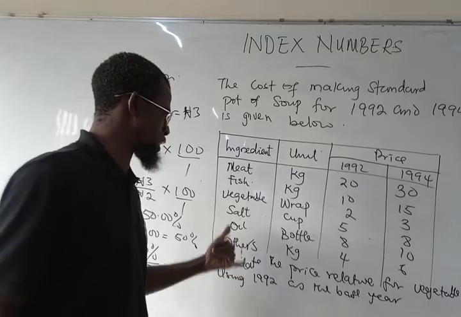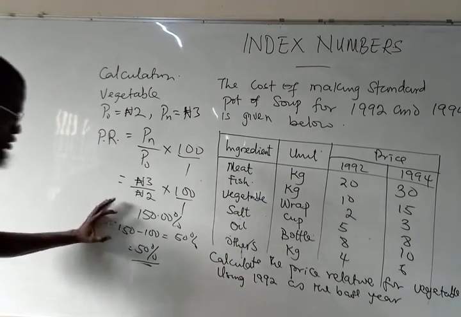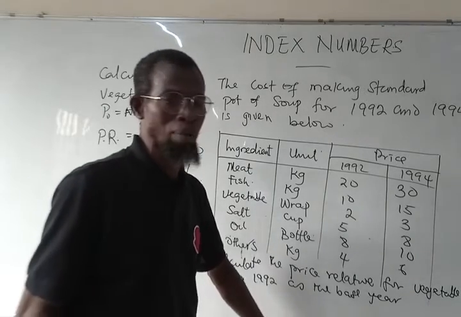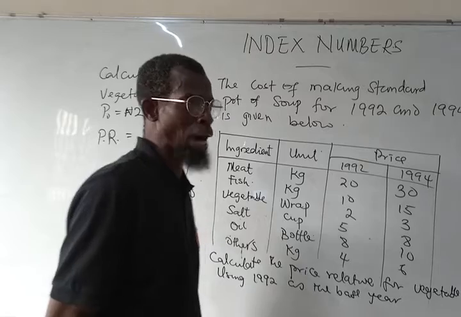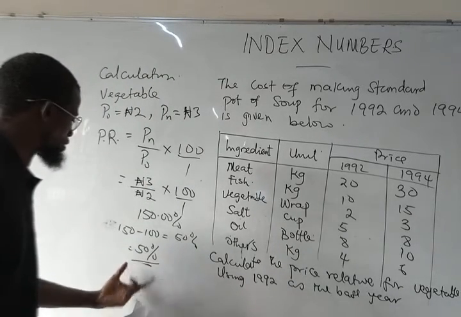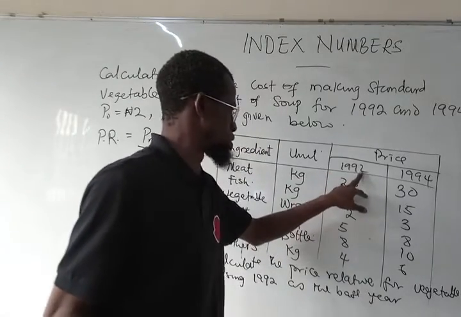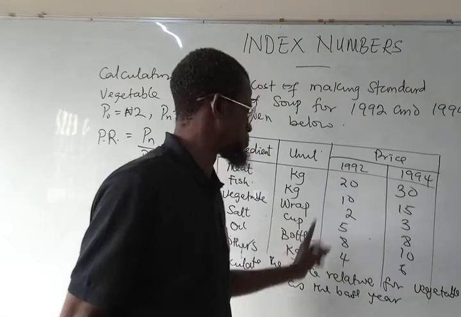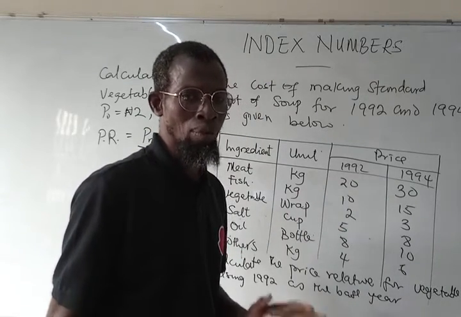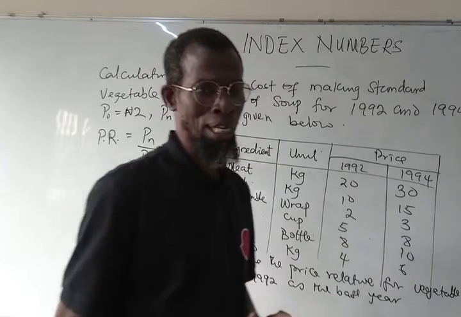So the only way we can know the increase that has occurred in this information given to us is by finding the price relative, which you can now see shows that between 1992 and 1994, the price of vegetable increases by 50%.